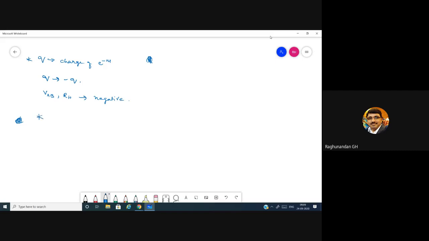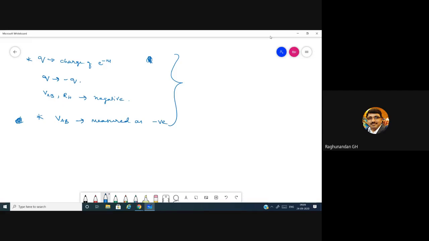The next one is the Hall voltage, whatever you are going to measure, that you have to keep as negative. VAB should be measured as negative. These are the two things you have to change.